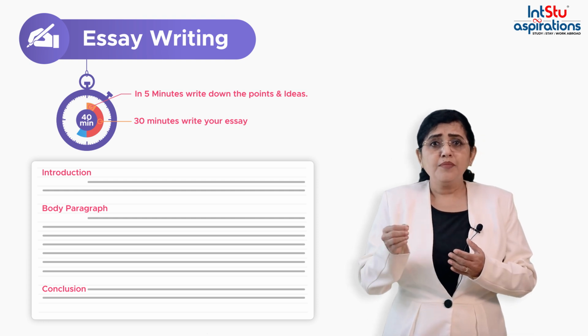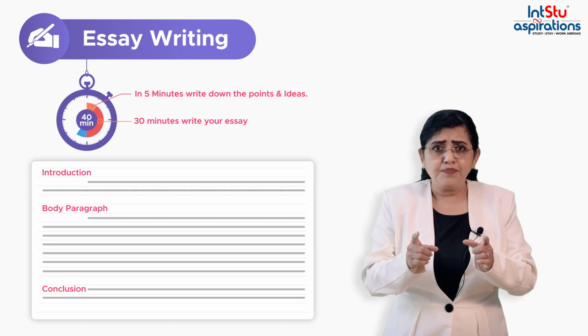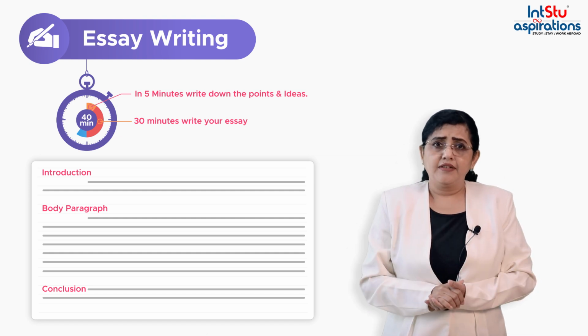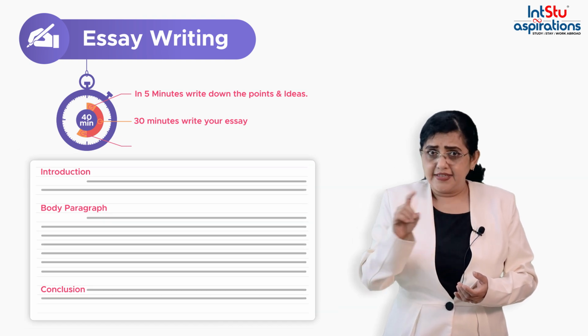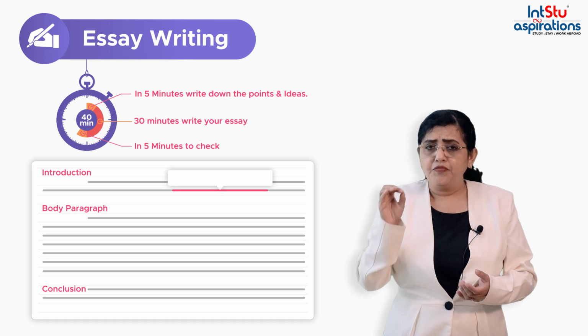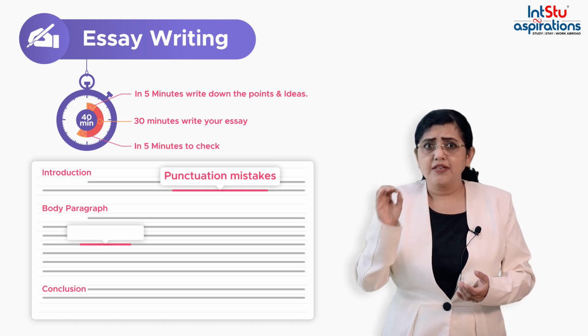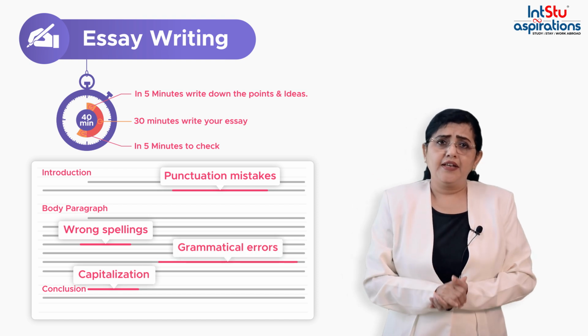Next, most importantly, I want you to have some spare time towards the end. In this last 5 minutes that you have saved, you will go through your essay to check for punctuation mistakes, wrong spellings, capitalization, and grammatical errors.